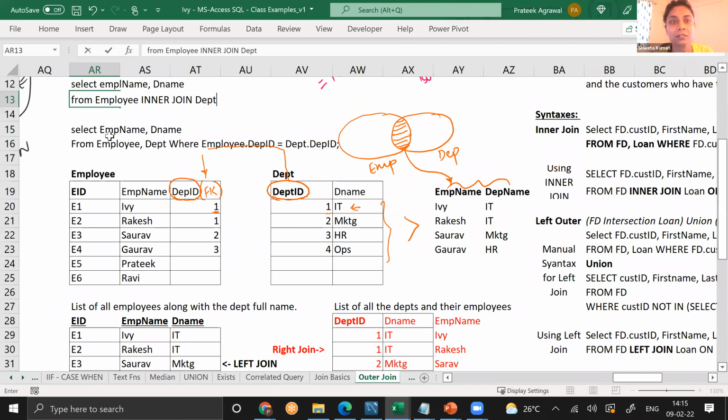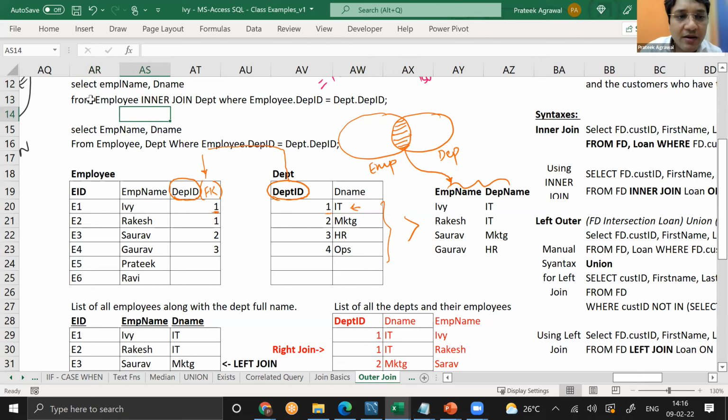Both are the same. I would recommend you to use this method. One is simpler, and typically a lot of times the databases optimize this method, and this method runs a little faster than the other method. Okay. Understood.